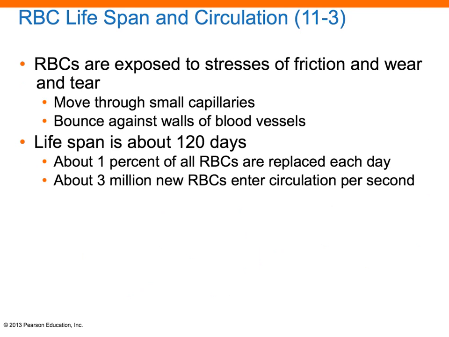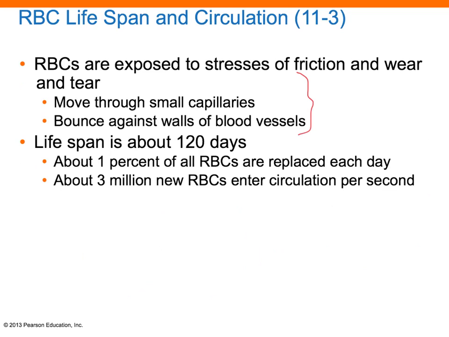The red blood cell is exposed to a lot of stress and friction. I mean, when you think about it, it's going to be moving and squeezing through capillaries. It's bouncing against walls of the blood vessels. And all of this stress and friction that it goes through. And the fact that the red blood cell is taking one round trip from the heart through the tissue and back to the heart in less than 1 minute. That is a very fast trip.